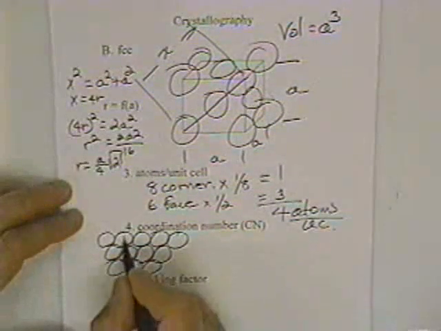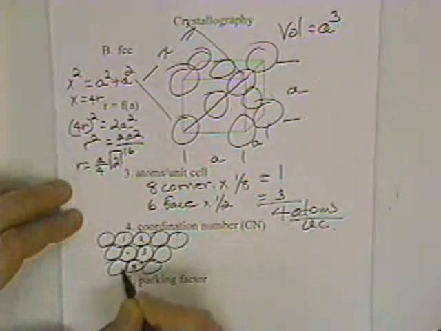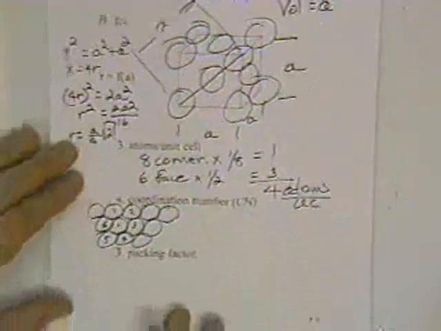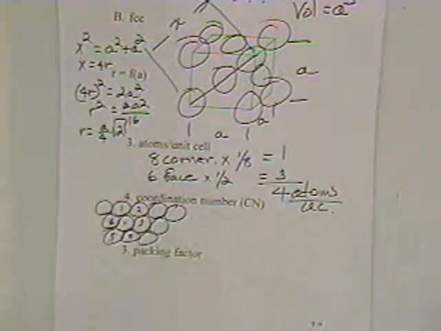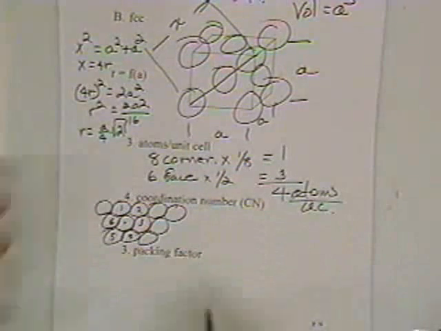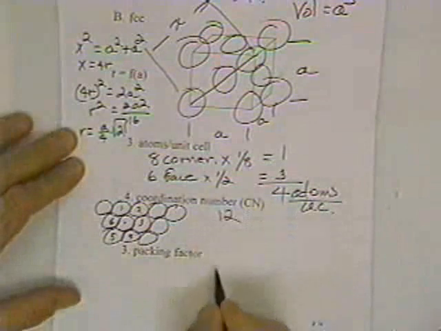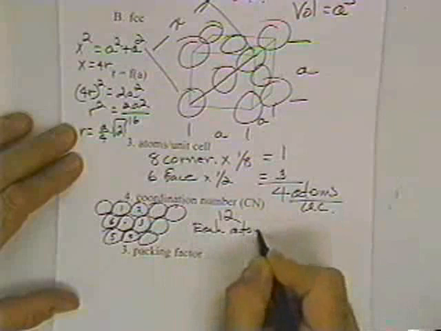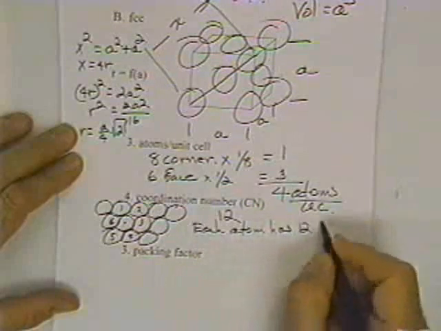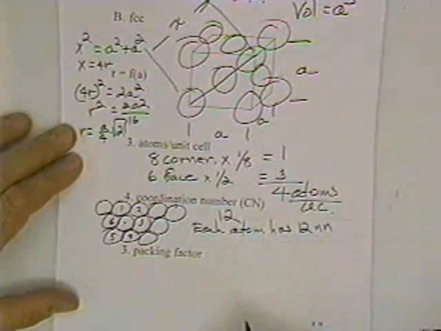How many nearest neighbors does it have? 1, 2, 3, 4, 5, 6 nearest neighbors. So in 2 dimensions it has 6 nearest neighbors. But now if we took another one of these close packed planes and put it on top, we could have 1, 2, 3 atoms more in contact above the plane, 3 atoms more below the plane. So the coordination number is 12 for face-centered cubic. Each atom has 12 nearest neighbors, and that's typical of a close packed structure.